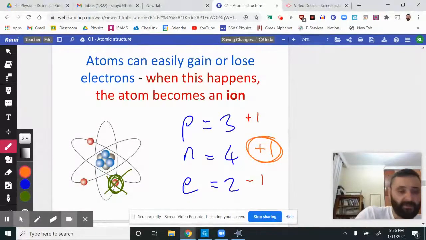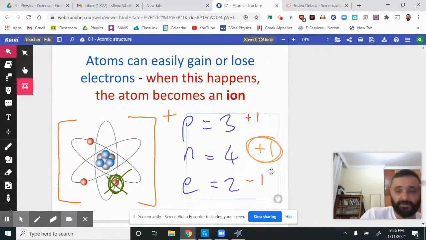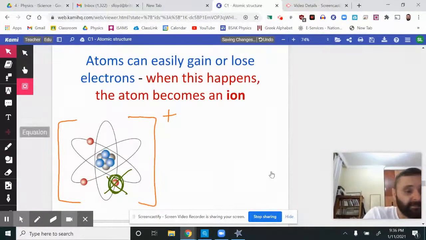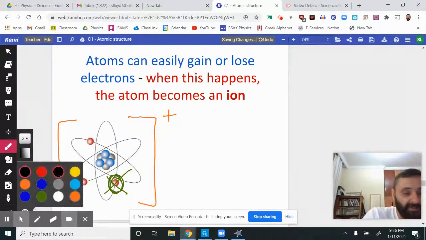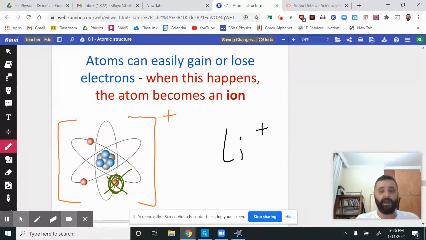Okay, so this one here has a charge of +1, and we just give it 1 plus there. Okay, so this is a lithium ion. And if you wanted to give the symbol for it instead of drawing the diagram, we just write the chemical symbol and then the plus. So that's a lithium ion. It's got a charge of 1 plus.